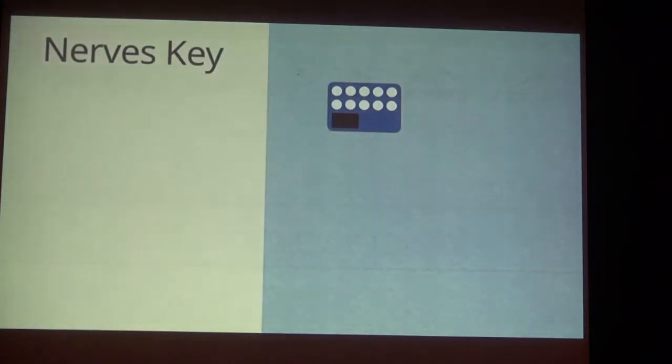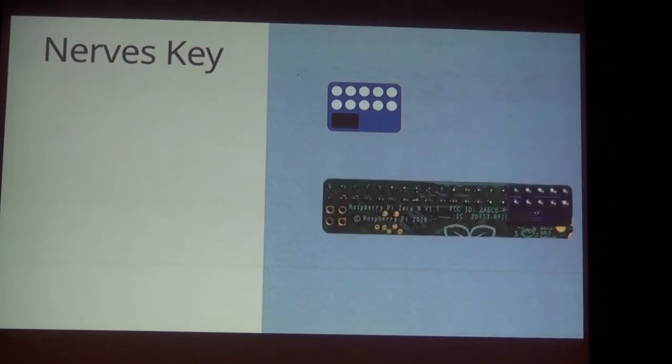This chip can be placed on your product. It is very inexpensive. And what it does is protect your certificates. To make it easy to use, we have created a board called Nerves Key.